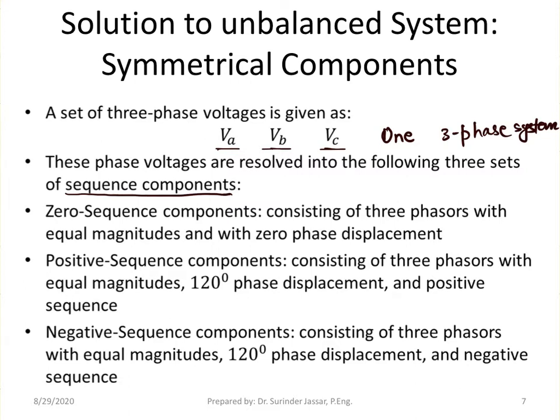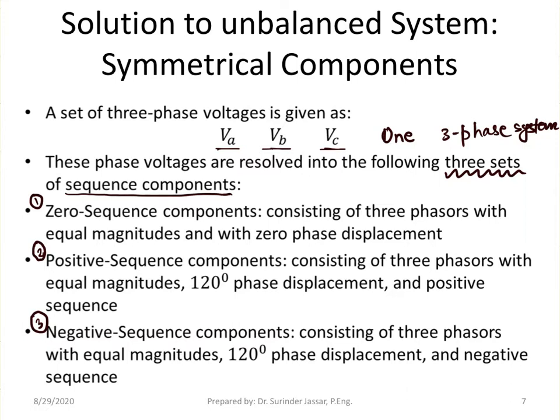A, B, and C are the three phases of the same system. So one three-phase system is resolved into the following three sets of sequence components. One is called the zero sequence component. Second is called the positive sequence component. Third is called the negative sequence component. So the three sets are the zero sequence component, positive sequence component, and negative sequence component.